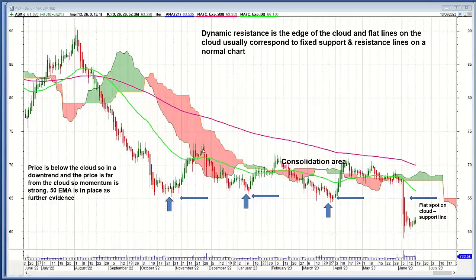It weakens, it comes into the cloud, it uses the weaker edge of the cloud for support. It doesn't break the stronger resistance level. And again, dynamic support, it bounces off the cloud, breaks. In the cloud again, we've got a consolidation area.